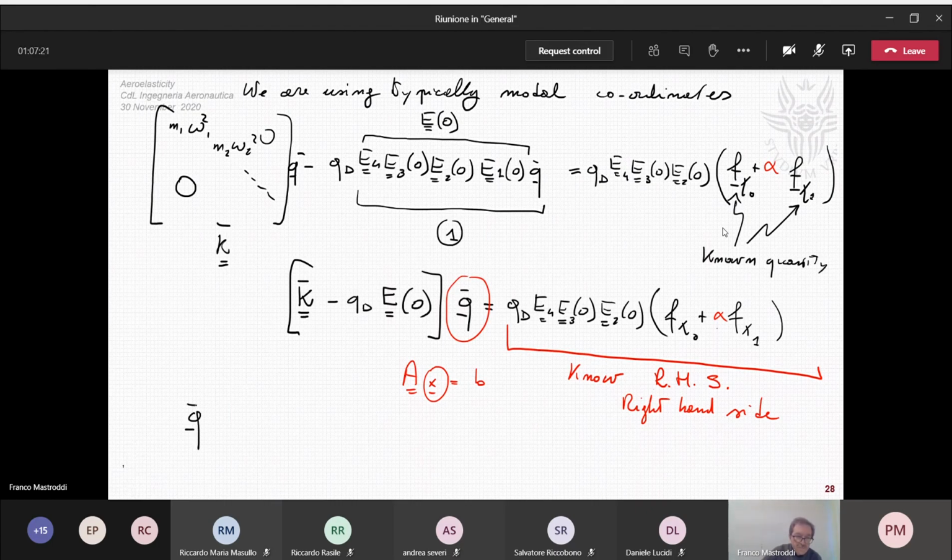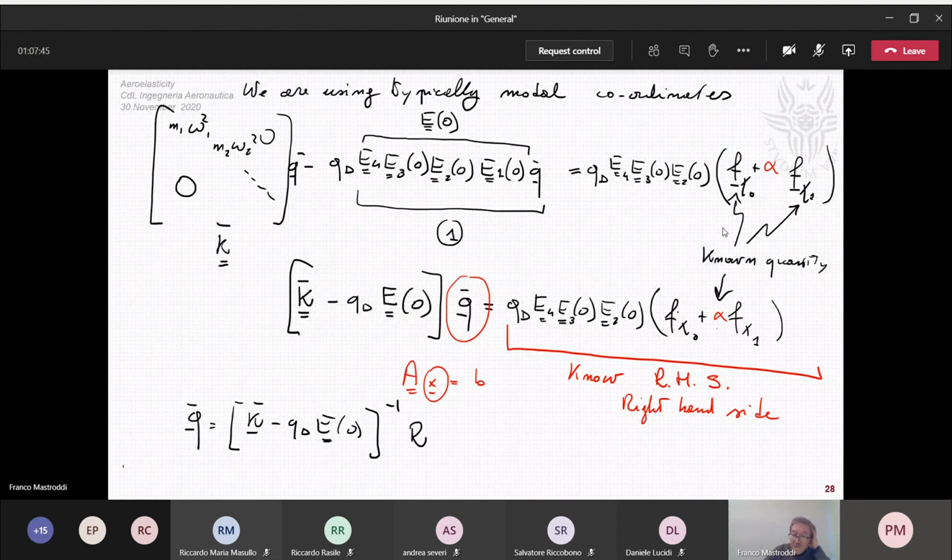and so obtaining our deformed configuration here, constant in time, of course, in this case, and this deformed configuration given by the modal coordinate vector is equal to k bar minus q_d E0 to the power minus 1, and then you have this right hand side, which is known whenever you assign alpha.